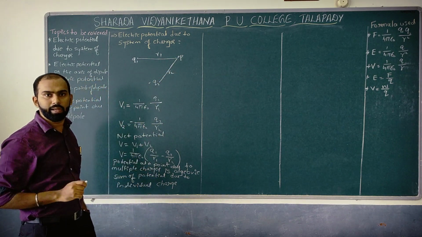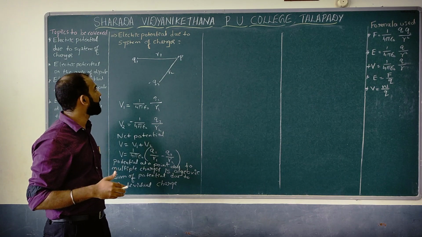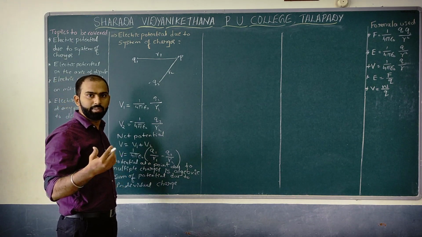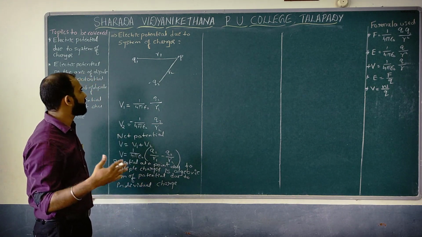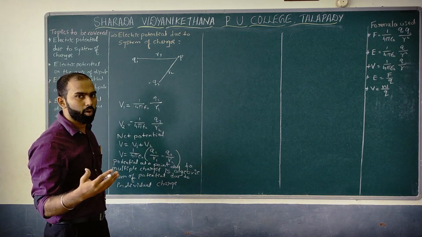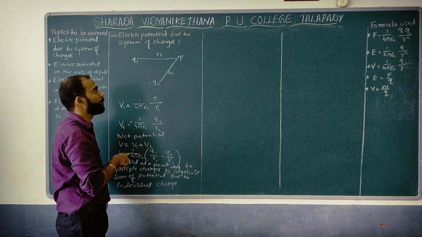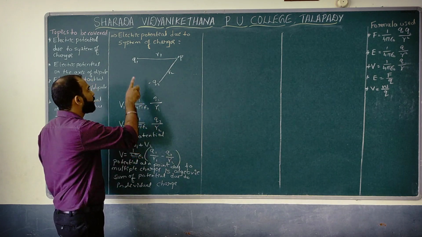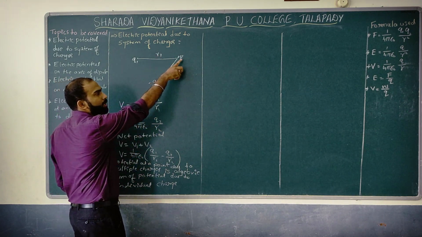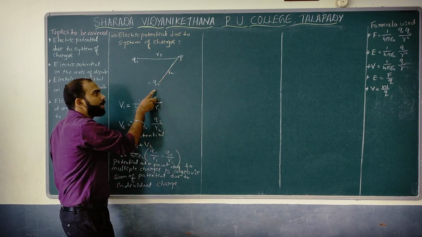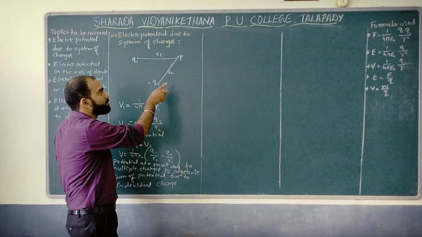For the time being we will consider only two charges, and you can take n number of charges, which we will discuss at the end. So how many charges have you taken? Obviously 2: q1 and minus q2. You have kept q1 at a distance r1 from point P, and minus q2 at a distance r2.